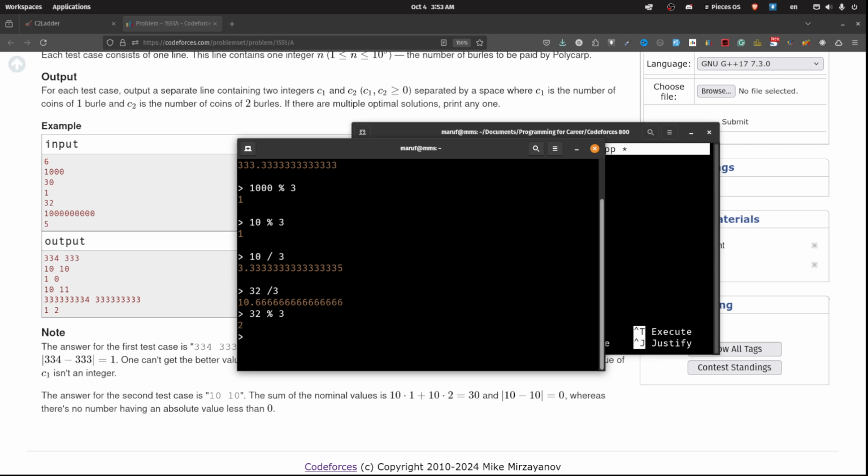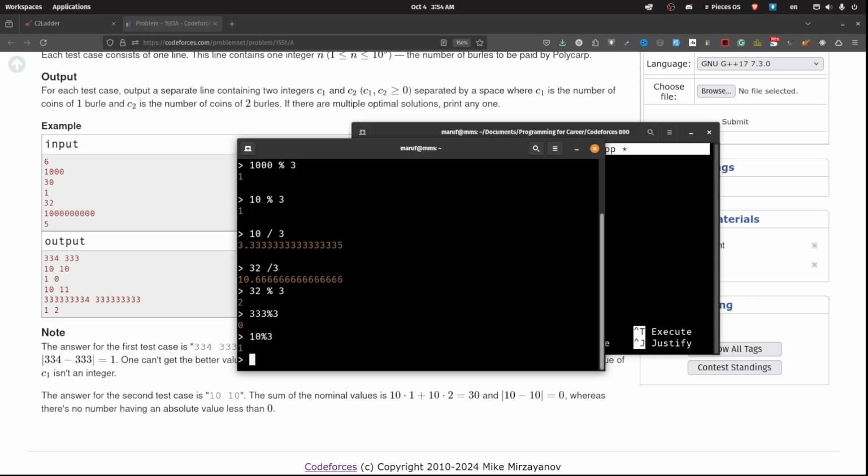So if I take 333 modulo 3, I get 0. I get two responses: one is 2 and one is 0. Let's take another one: if I take 10 modulo 3, I get 1. So there are 3 responses.